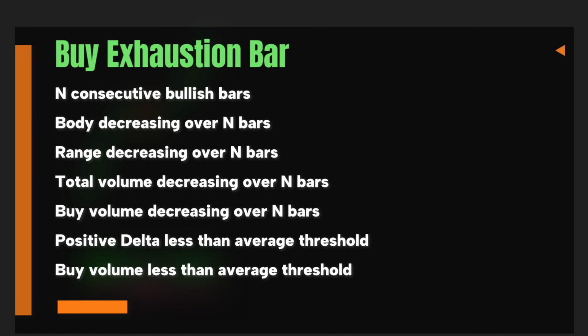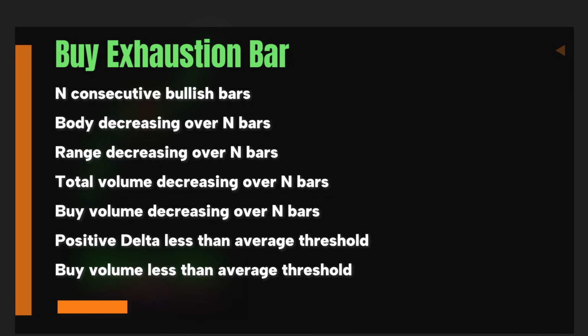First, there must be N consecutive bullish candles, showing that the buy side has been pushing price for a period of time. Second, the candle bodies decrease over N bars, indicating weakening buying strength. Third, the price ranges also decrease over N bars, showing reduced volatility. Fourth, the total trading volume decreases over N bars, reflecting declining market participation.